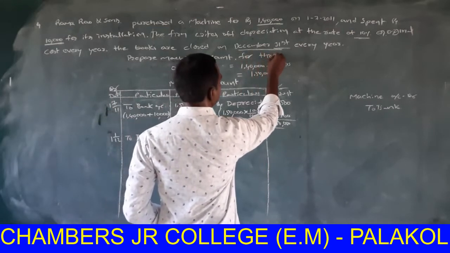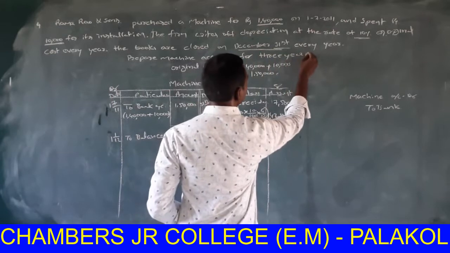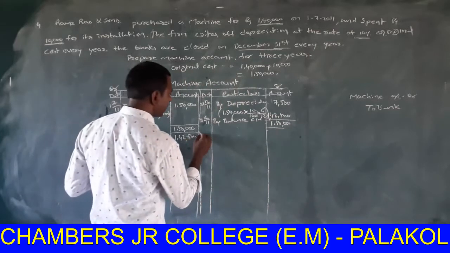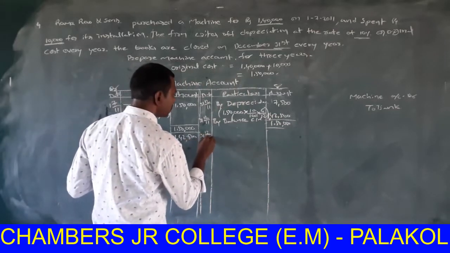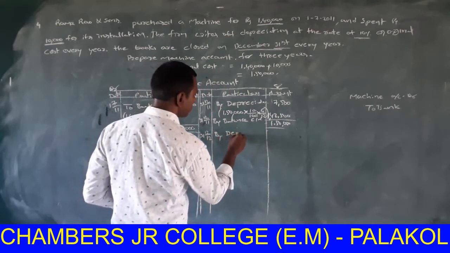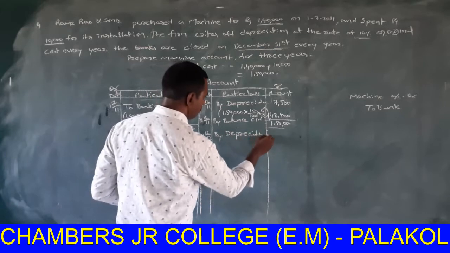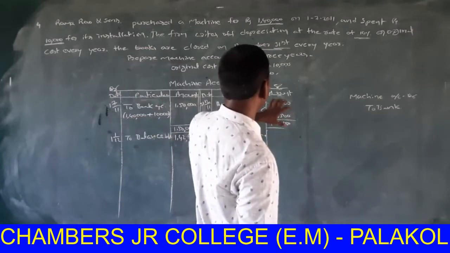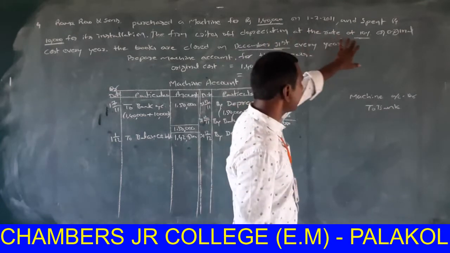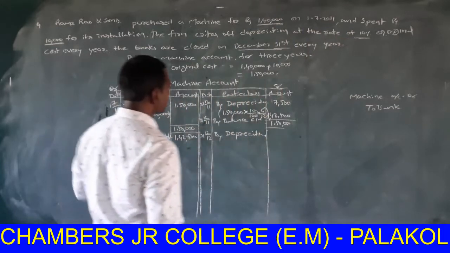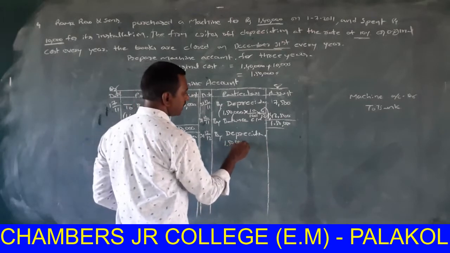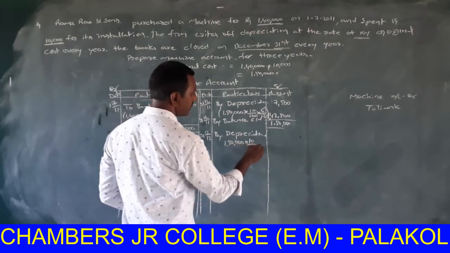Prepare machine account for 3 years. This is the first year, and at the end of the second year, 31/12/2012, same process: by depreciation. Depreciation is calculated at the rate of 10% on original cost every year. Original cost 1,50,000 into 10 by 100.